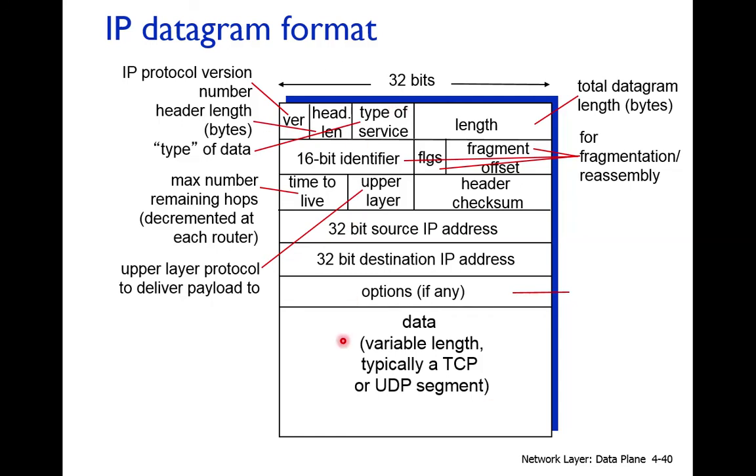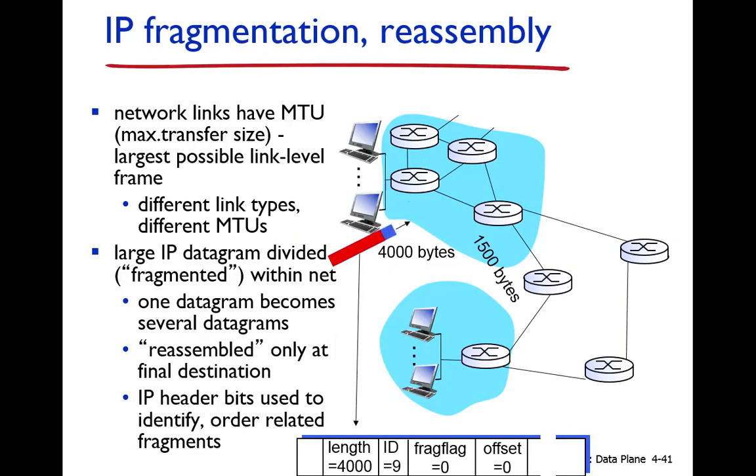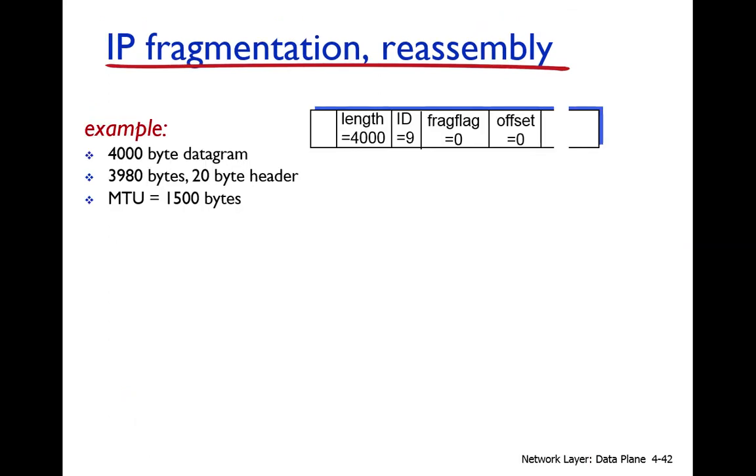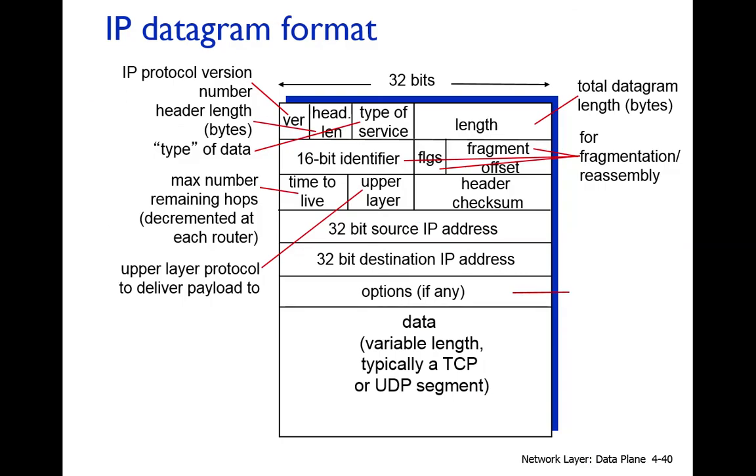Suppose we have a packet of 4000 bytes. In the IP header, the five header lines are mandatory, so they must be present in each and every IP packet. Each header line is 4 bytes, 32 bits. So 5 times 4, 20 bytes is the header.